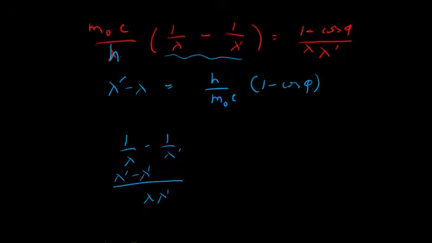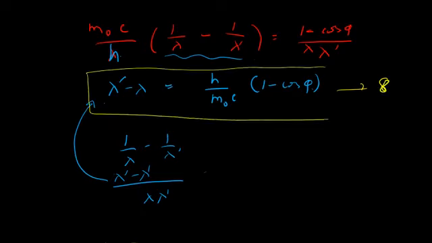So when we put these values, we get this equation, which is our equation number 8. This is our main equation, and this equation is called the Compton effect.